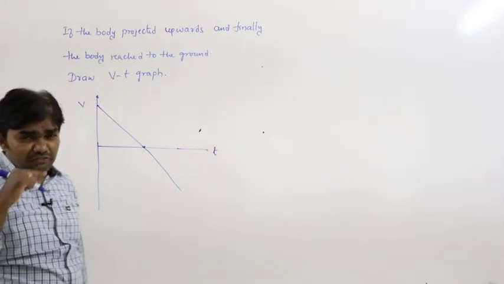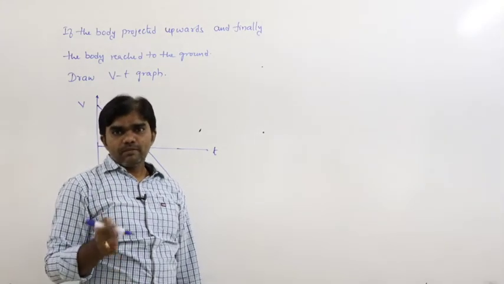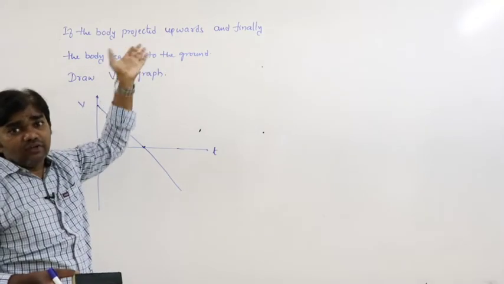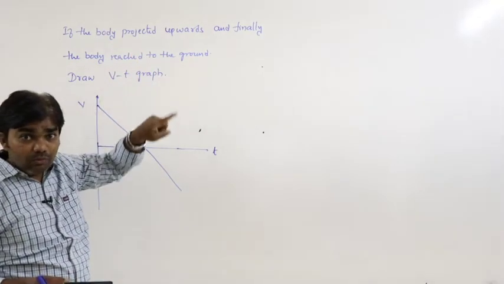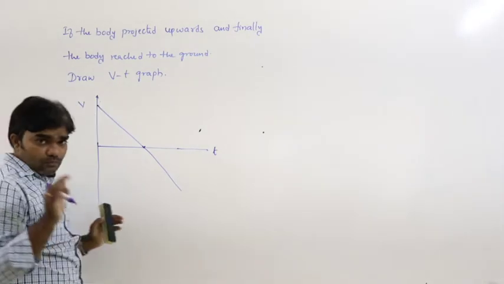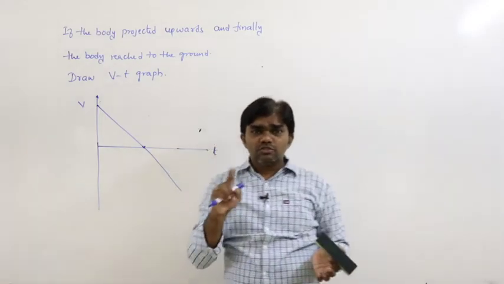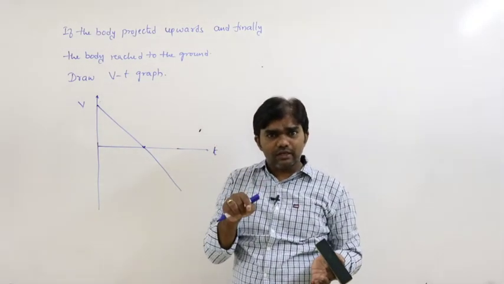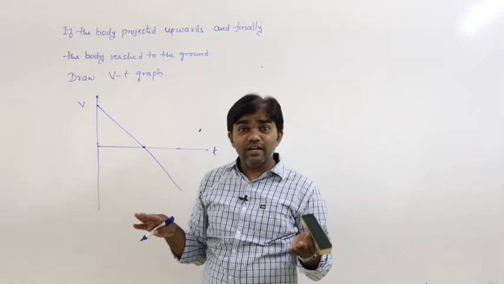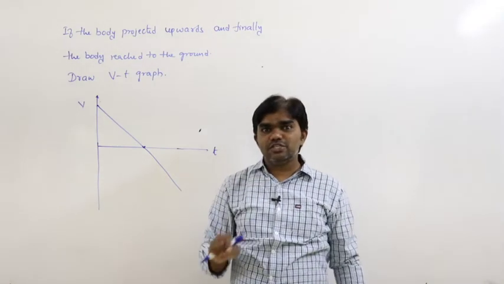We are mentioning the velocity. Velocity is a vector quantity. While moving upwards, if we consider it positive, while moving downwards it is negative. Vector means it must have both magnitude and direction. A vector is not the same in all directions. In different directions its magnitude may be the same, but the direction must change.